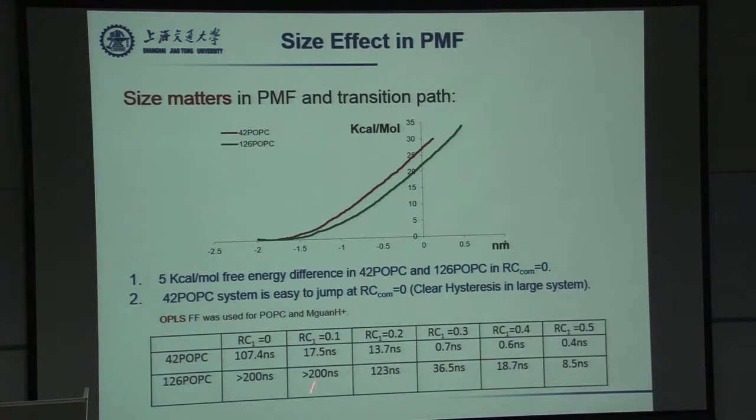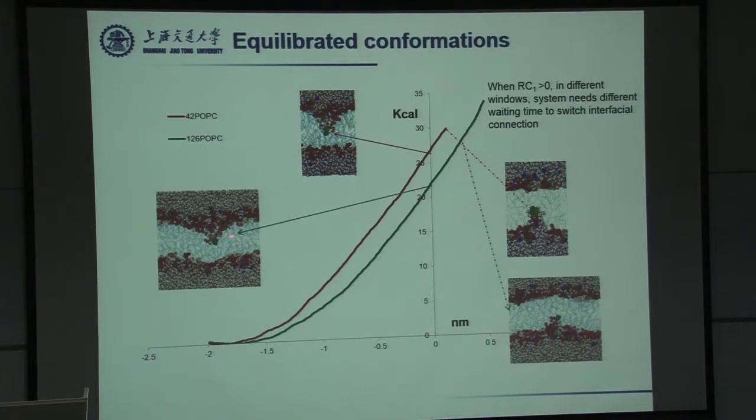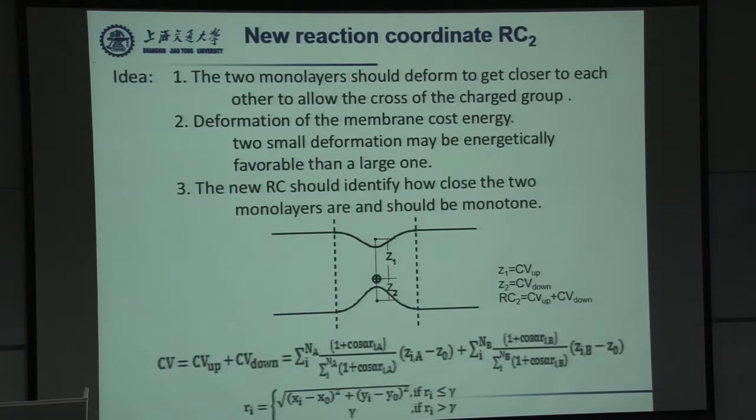And also, the problem is, when the molecule reaches the center, it's very hard to get any sampling. It means the event is really rare, so it's almost impossible to cross the membrane. So we have to reconsider the reaction coordinate, because we know in sampling, especially umbrella sampling, the reaction coordinate is very important.